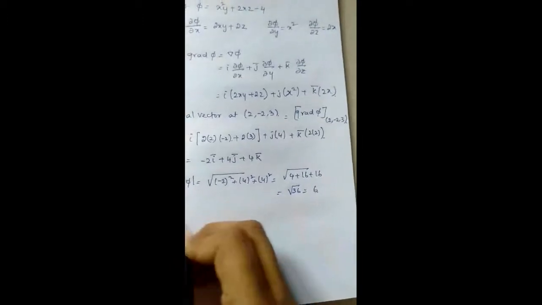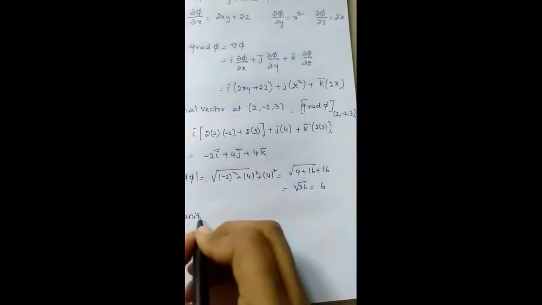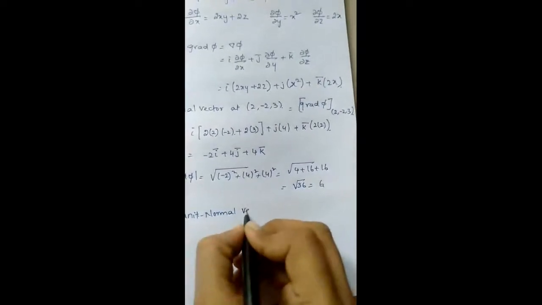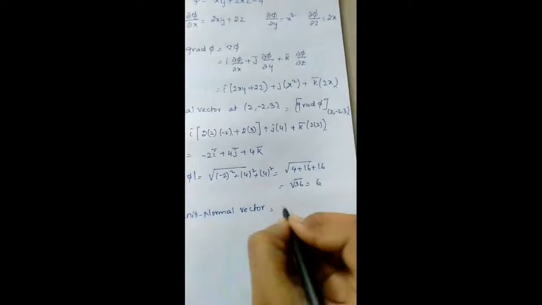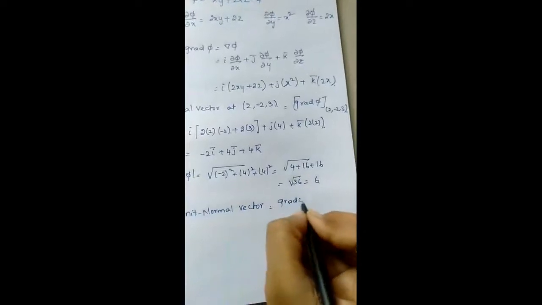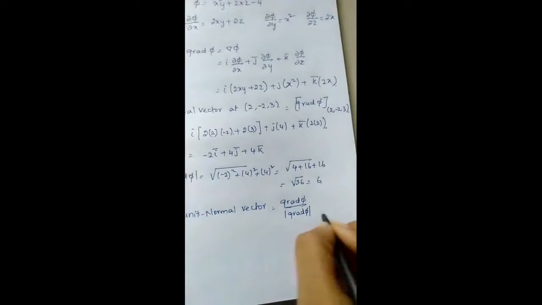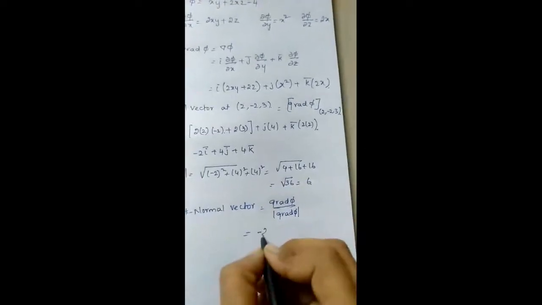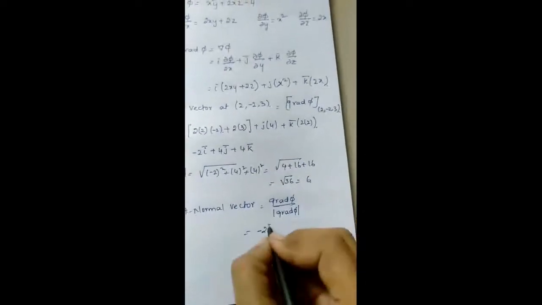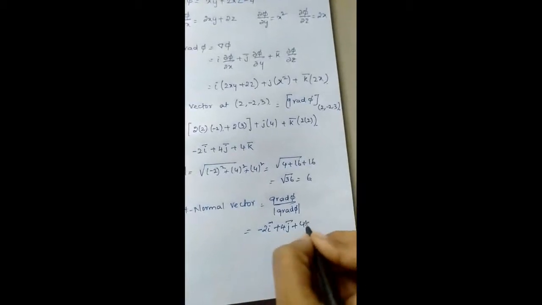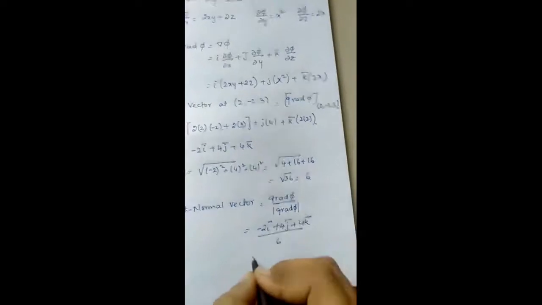So what is the formula of the unit normal vector? Grad phi by modulus of grad phi. So minus 2 i bar plus 4 j bar plus 4 k bar by 6.